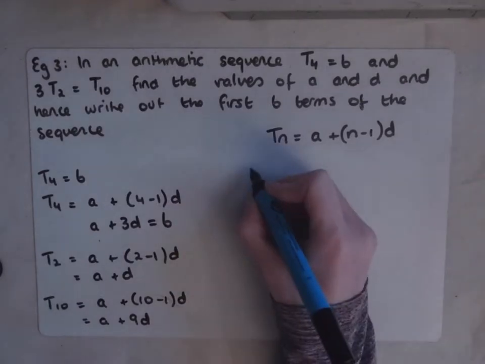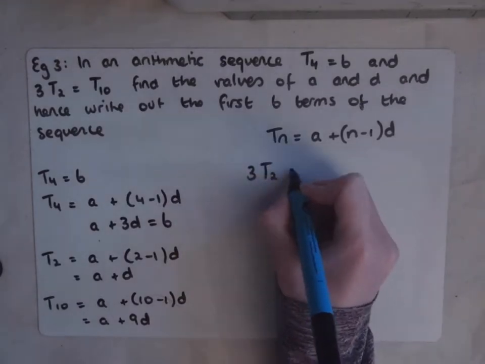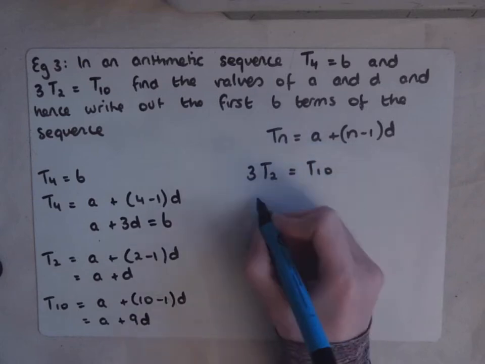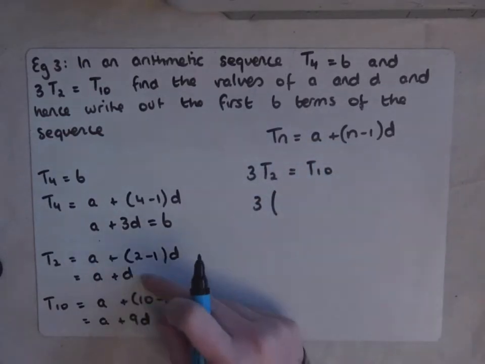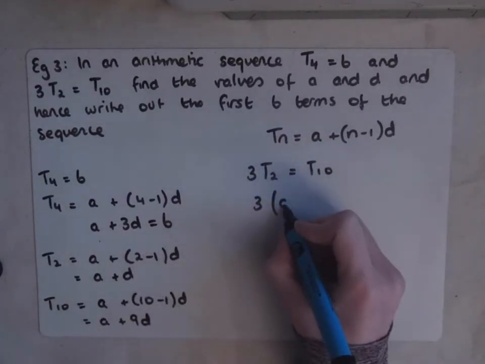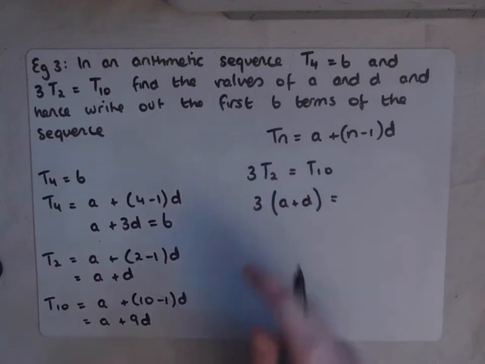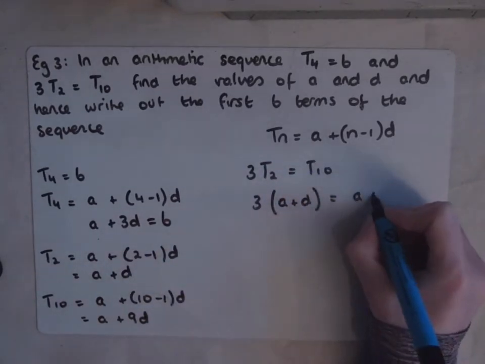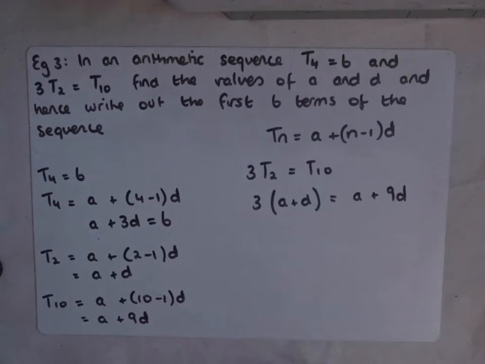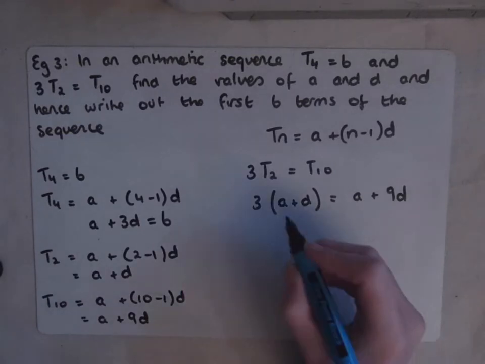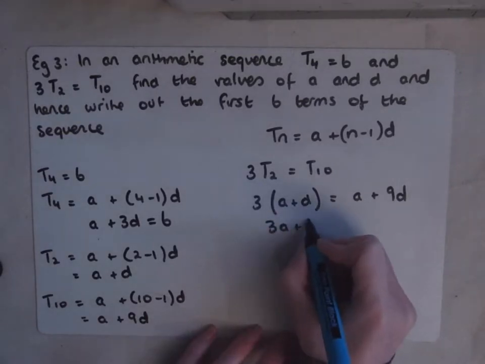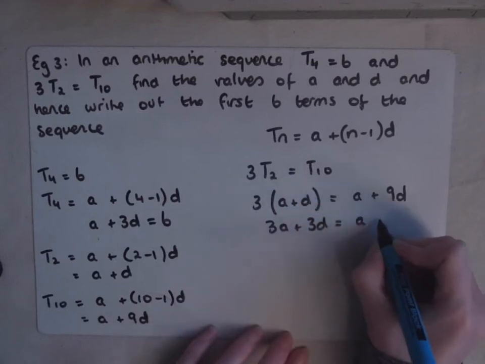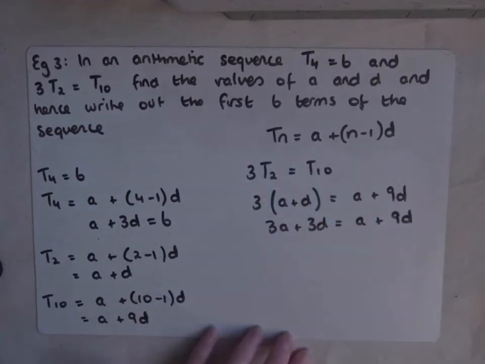Now they've said 3 times T2 is equal to T10. So 3 times whatever T2 was is equal to T10. Then you just multiply it out: 3a plus 3d equals a plus 9d.